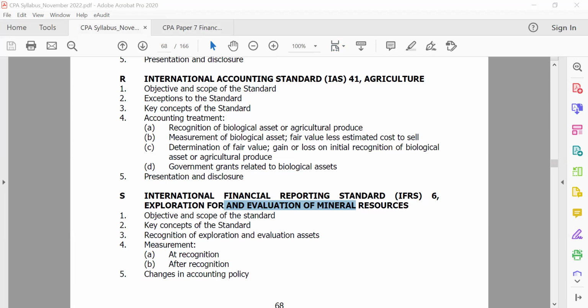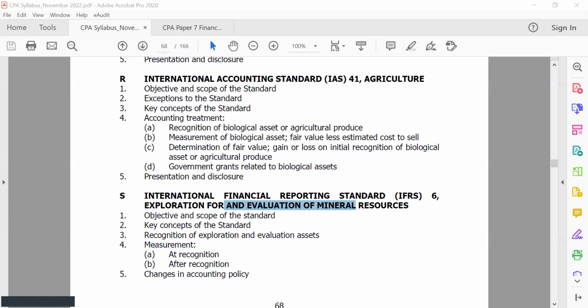Even when you just go and search online, there is a website which is usually very useful when it comes to some of these standards. It's actually by Deloitte. So when you go to that website, it's actually IAS Plus.